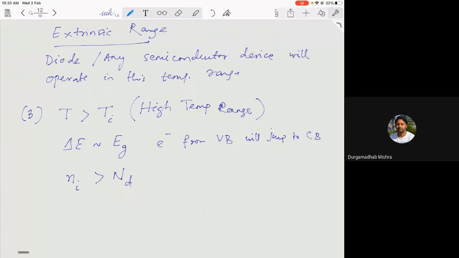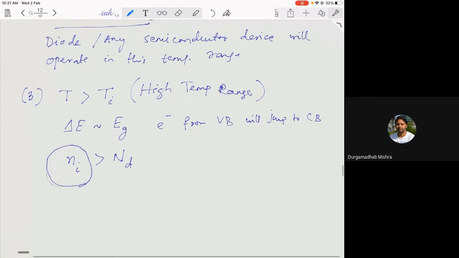Basically, the carrier concentration, conductivity and everything will be dominated by this factor Ni. This means the material will behave more like an intrinsic semiconductor, because the conductivity will be determined by the number Ni. So this is known as the intrinsic range. Earlier it was the extrinsic.